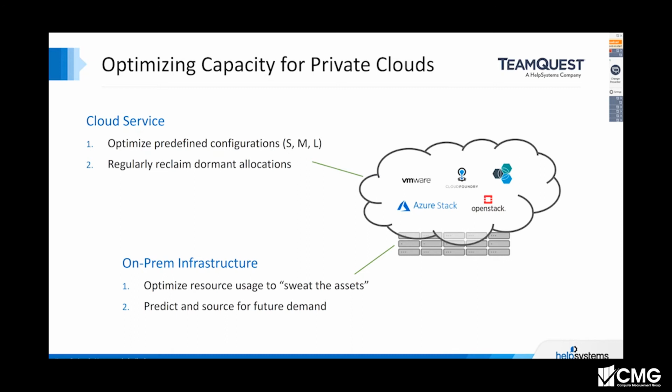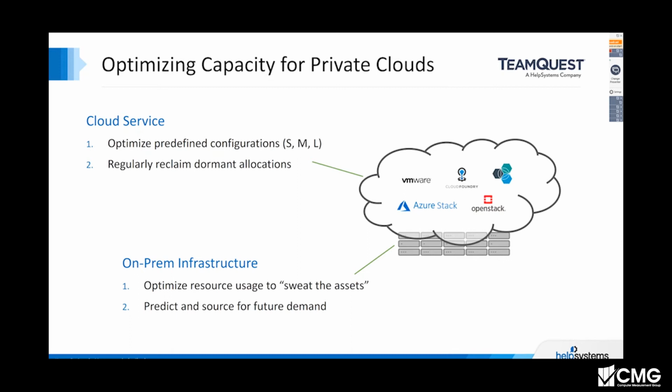So private cloud optimization is a twofold activity. You need to focus on optimizing the cloud service, making sure that you have the optimal predefined configurations, typically t-shirt size, small, medium, large type of instances that your customers are requesting and provisioning.